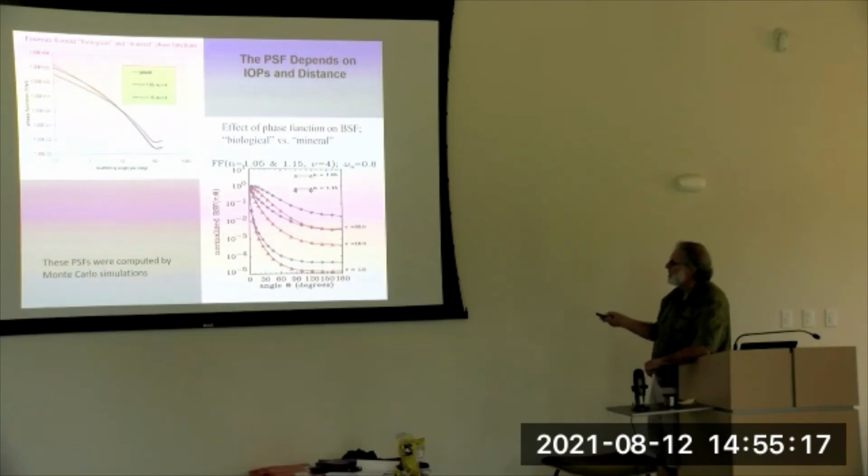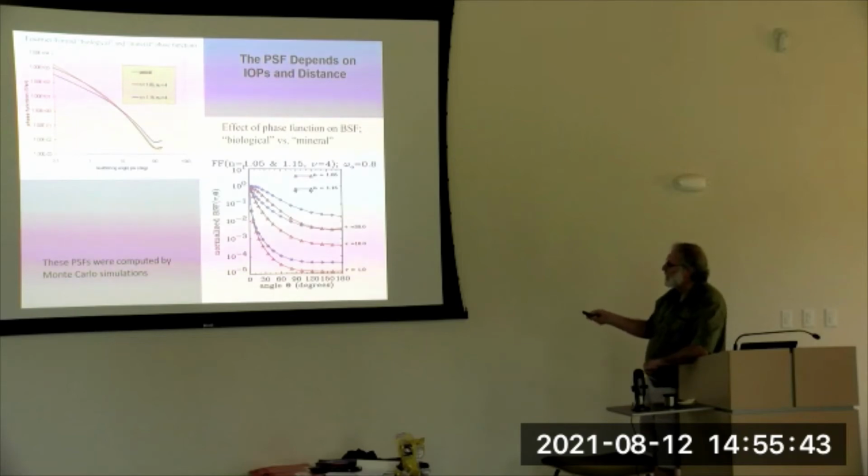At a distance of 1 optical depth, the red curve is for the phytoplankton and the blue curve is for the mineral particles. You can see they're considerably different. Then here's 10 optical depths and 30 optical depths.